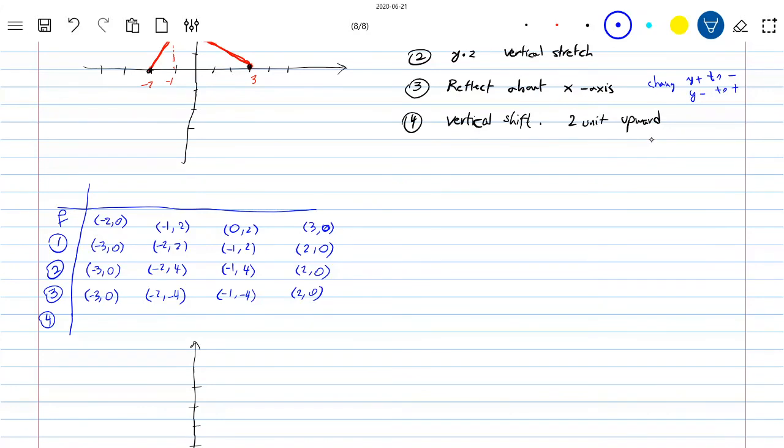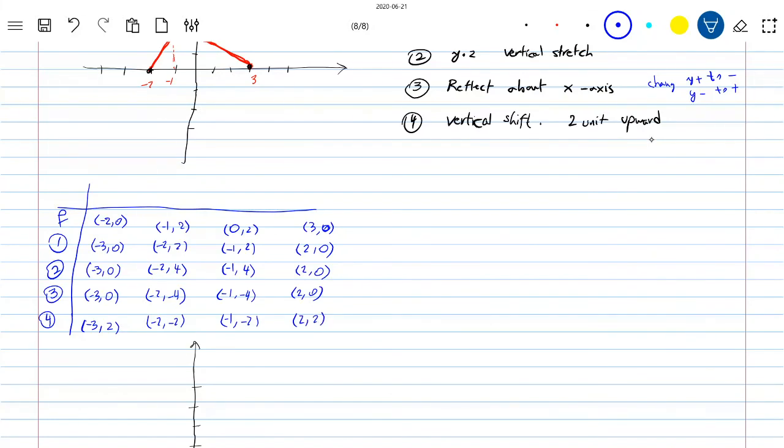Finally, step 4, vertical shift up 2 units. Vertical shift does not affect the x values, it's the y values that move up 2 units. So 0 plus 2 gives you 2. -4 plus 2 gives you -2. Again, -4 plus 2, -2. And 0 plus 2, y value becomes 2.